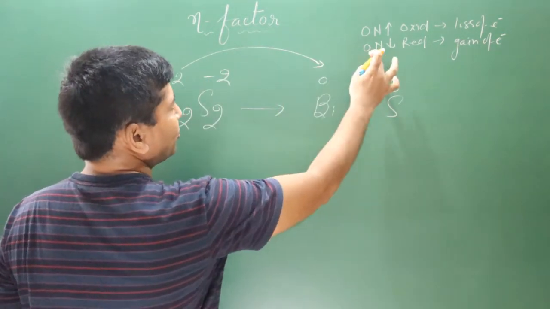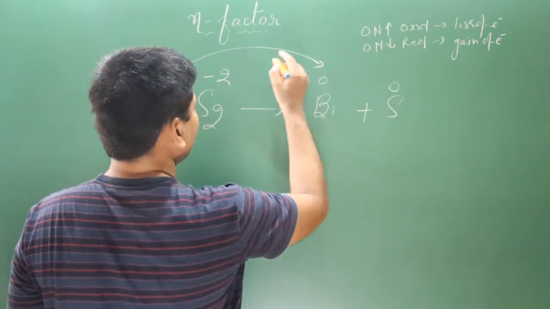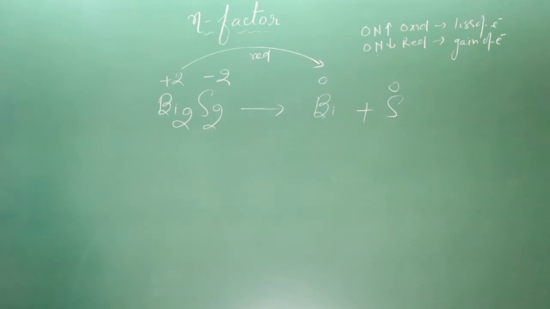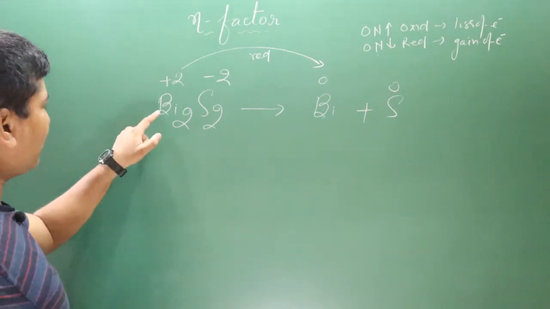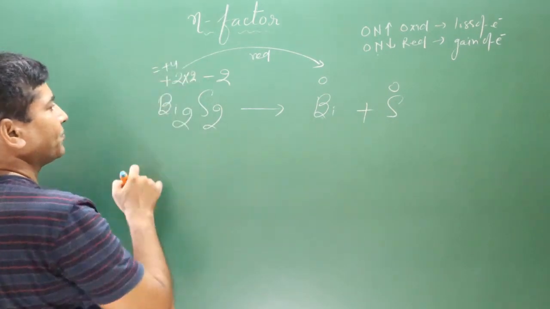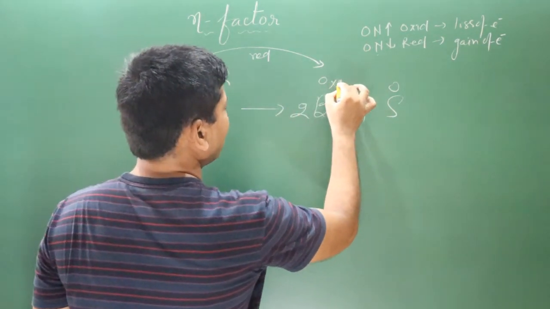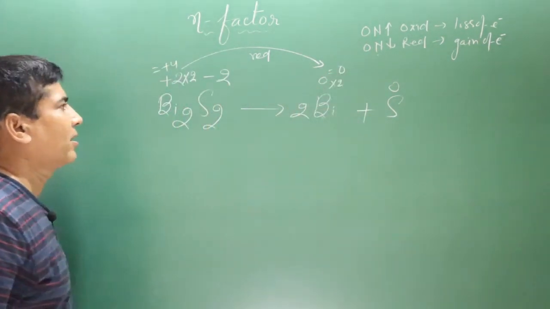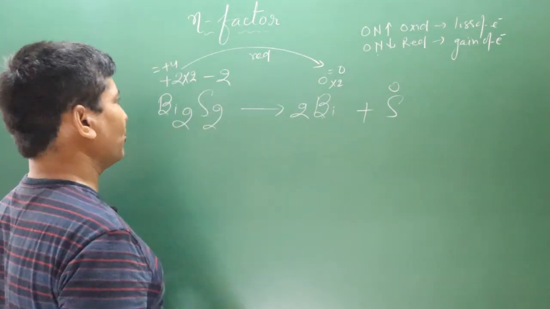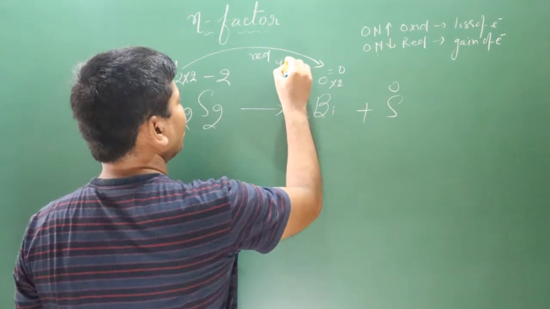Plus 2 to 0, a decrease in oxidation number, is what? Reduction reaction. Now we find the difference in oxidation numbers. One bismuth is plus 2, then 2 bismuth multiplied by 2 is plus 4. On the other side 2 bismuth multiplied by 2 is still 0. Plus 4 to 0, so we have 4 minus 0 is equal to 4 electrons.